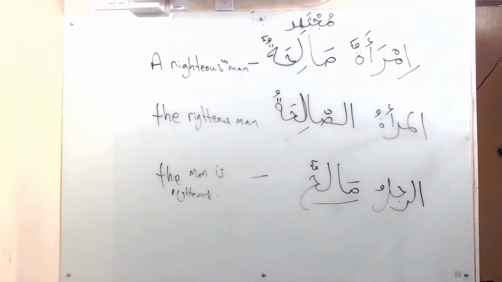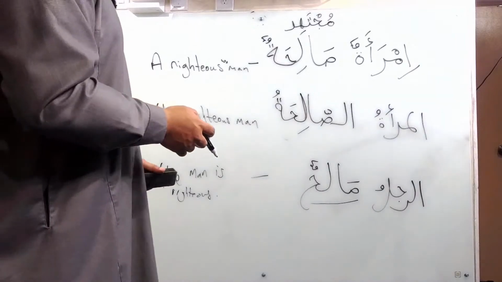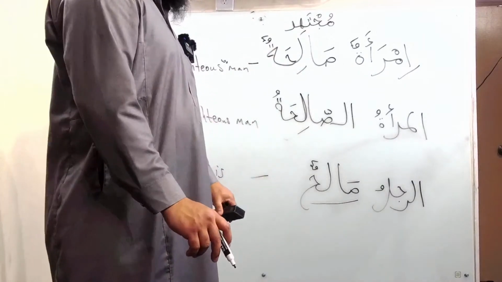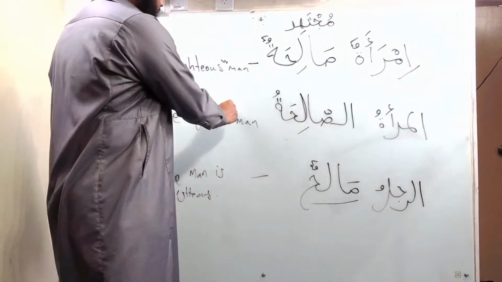It's one of those words whose singular form has no plural from its own word, and the plural has no singular from its own form. Compared to rajul, from the same letters, you have rijal. So al-mar'atu as-salihatu is going to be the righteous woman.